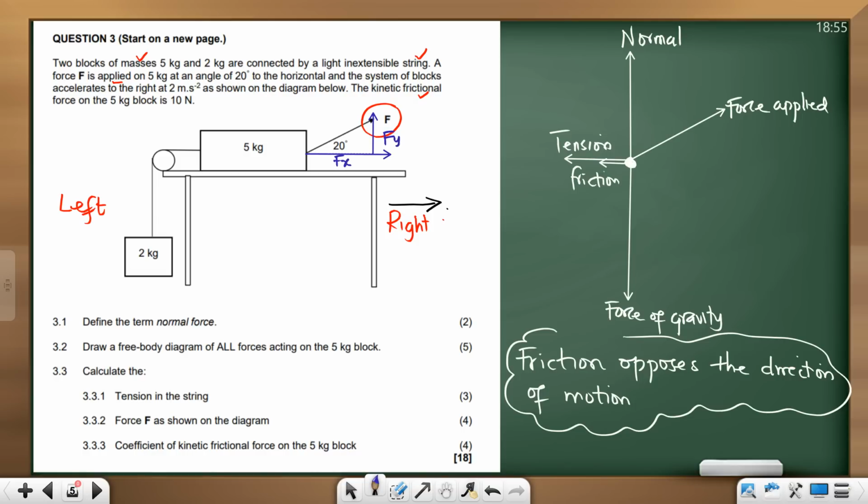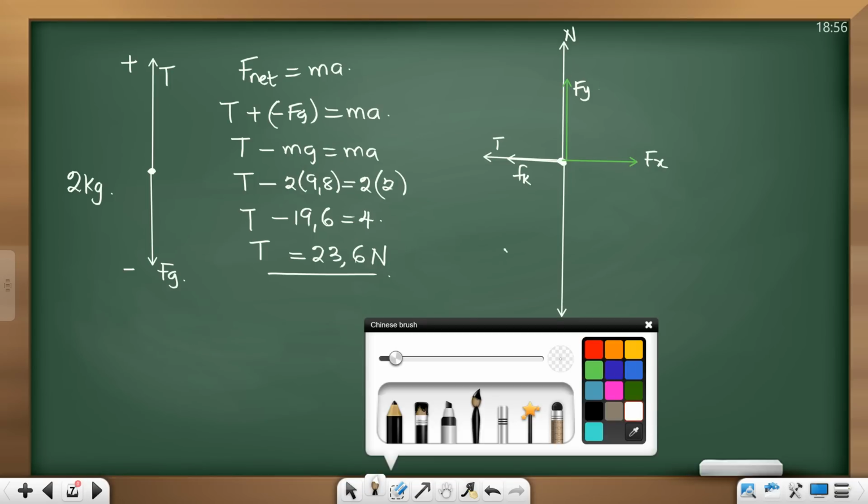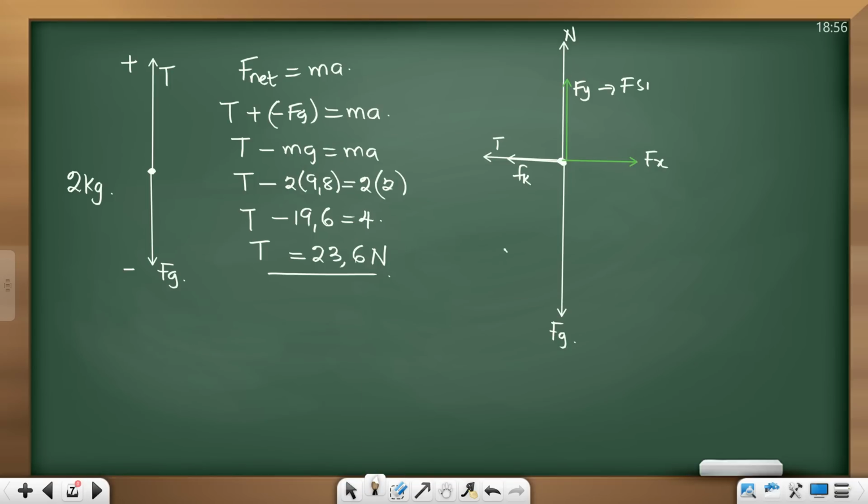What is the formula for Fy? Remember, it's opposite, so it is F sin 20. So my Fy is F sin 20. What is my Fx? F cos 20.